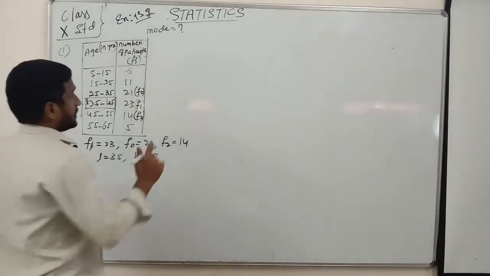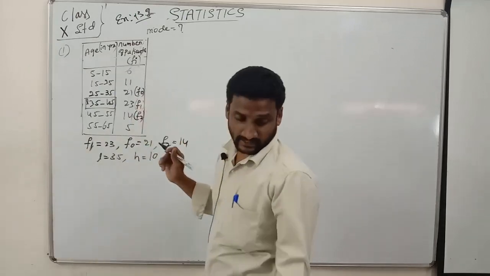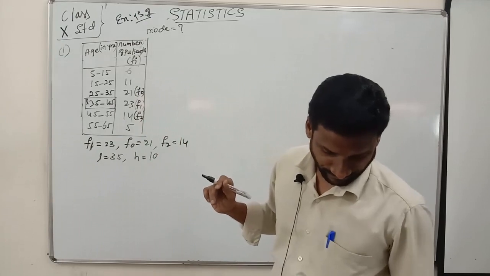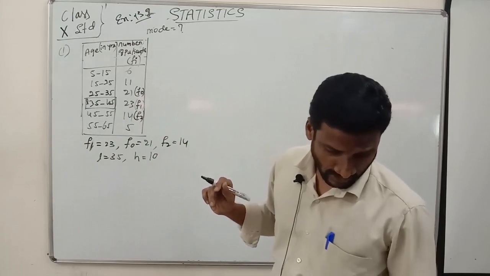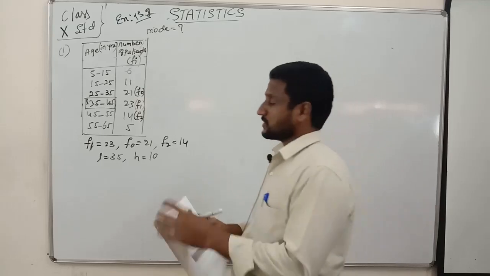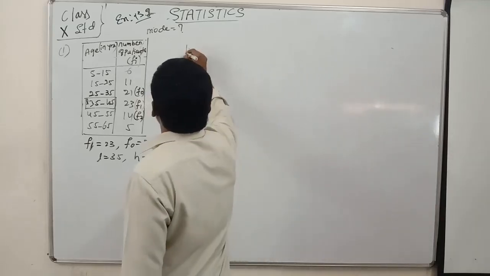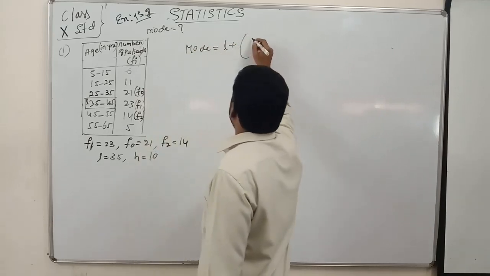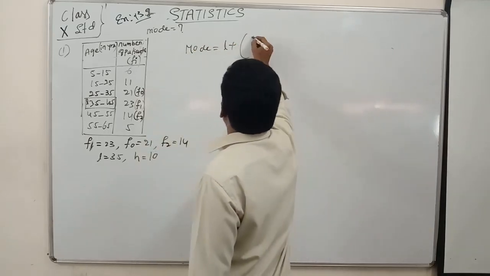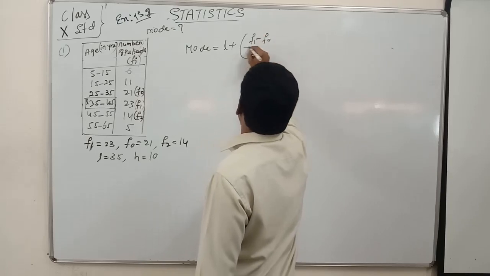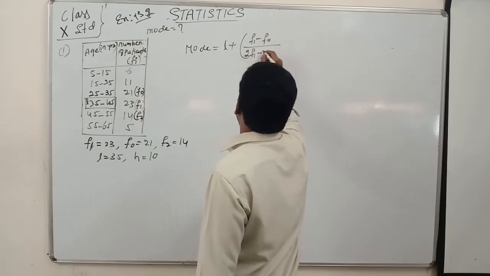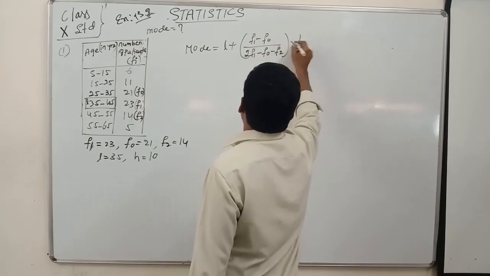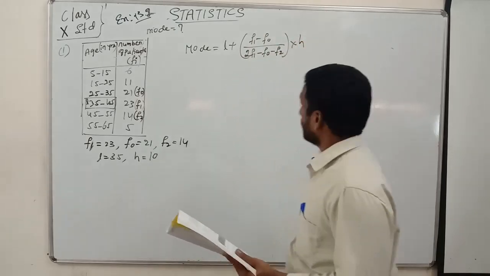Now see here, first write the formula. What is the mode formula? We know it already: mode is equal to L plus (f1 minus f0) divided by (2 f1 minus f0 minus f2), into h. This is the formula of the mode.